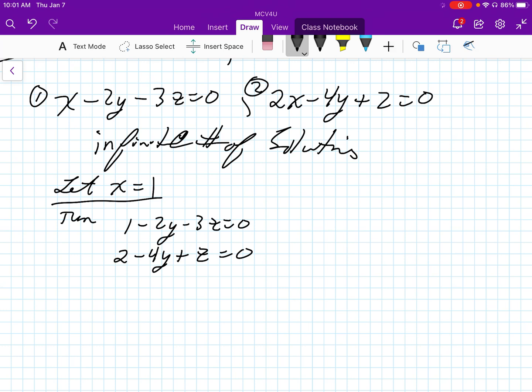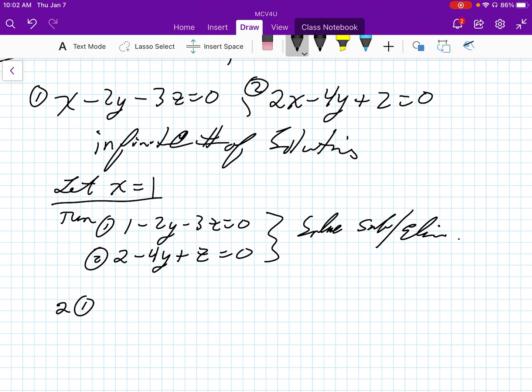We solve with substitution or elimination, your choice. I think in this one I'll set this up with elimination. We've done substitution before. So I'm going to multiply the first equation by 2, and I'm going to leave the second equation alone.